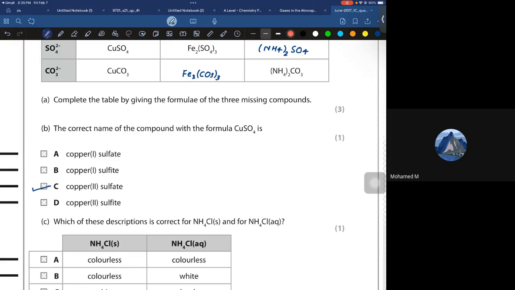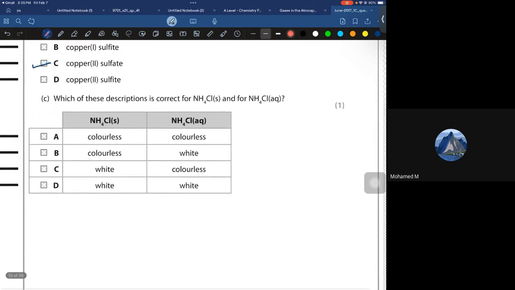Which of these descriptions is correct for ammonium chloride solid and for ammonium chloride aqueous? Always remember the solid one is white because this is not a transition metal.